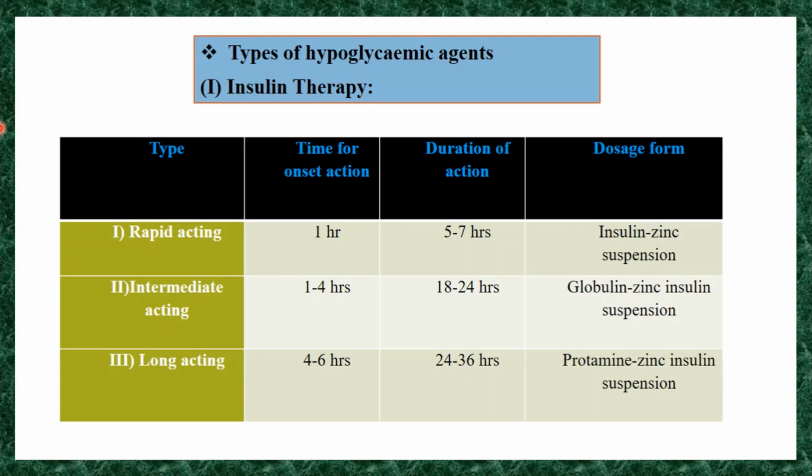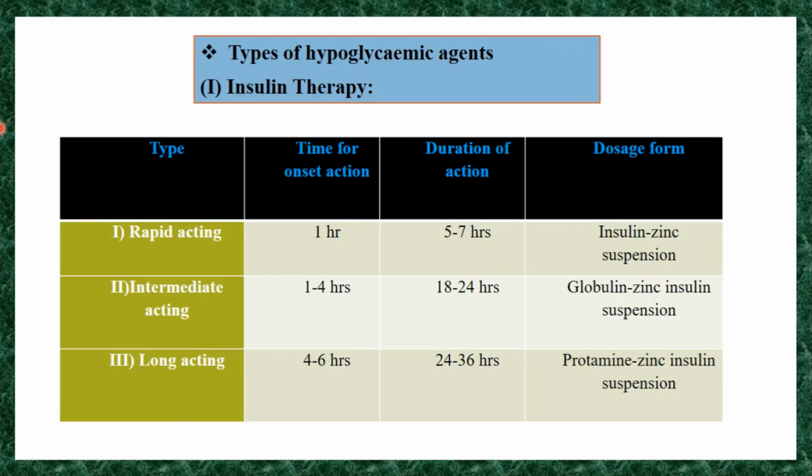So insulin is a hormone and it consists of 21 to 30 amino acids joined together by alpha amino acid, and it has an SS bond, called a disulfide bond. Insulin that is extracted from beef is called bovine insulin, and the insulin extracted from pork is called porcine insulin.